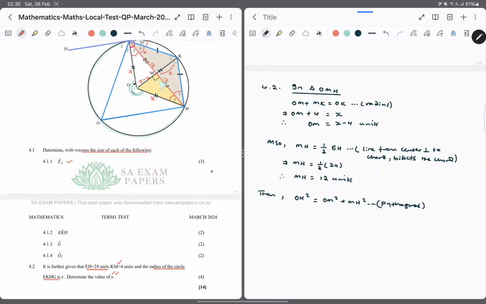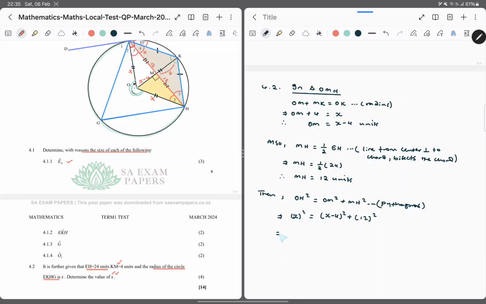We don't need to reintroduce that angle. It was given. Okay, so we continue. This implies that OH is x, so it's going to be x squared, equals OM, which is x minus 4 squared, plus 12 squared.